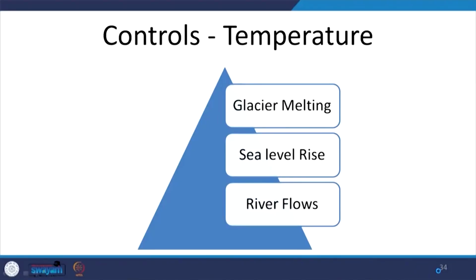The second control is temperature. Because of human activity, the global temperature is increasing. We have more and more greenhouse gases being emitted into the atmosphere because we are consuming fuels, we are burning fuels.